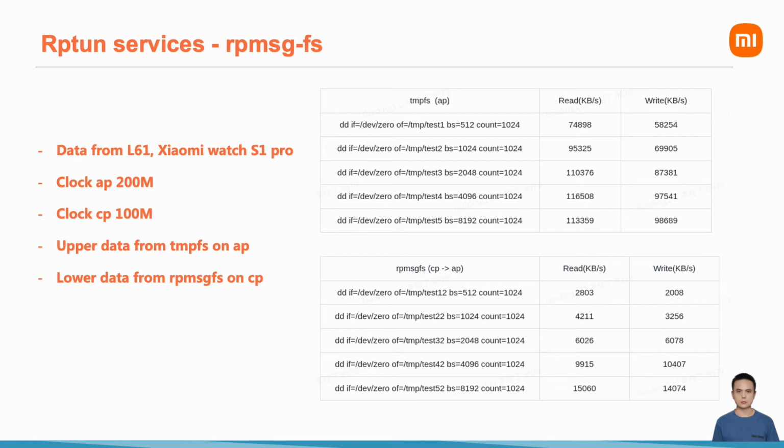The upper data is from tmpfs on the AP, the lower data is from rpmsg-fs on the CP. Both of them access the same folder. We can see the rpmsg-fs speed can be 10 megabytes per second when the block size is 4096.